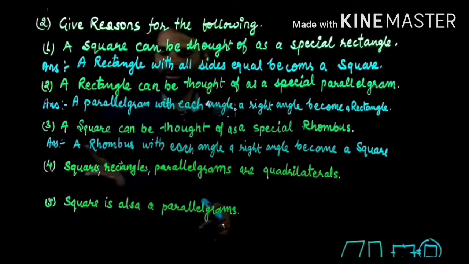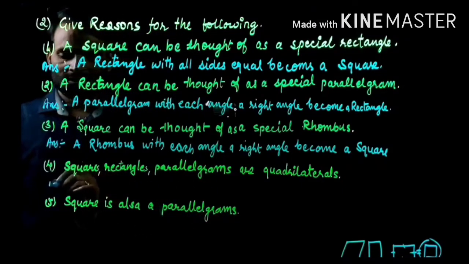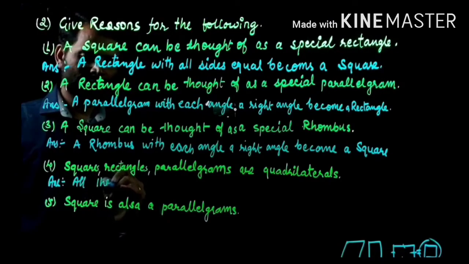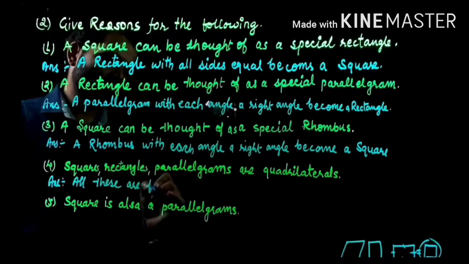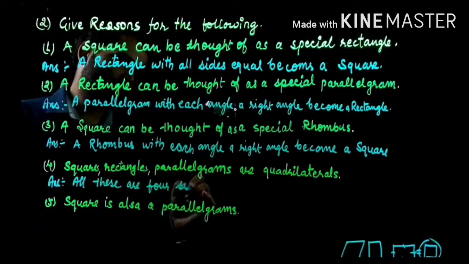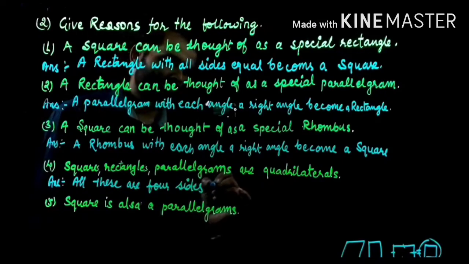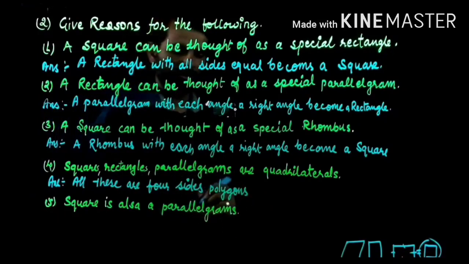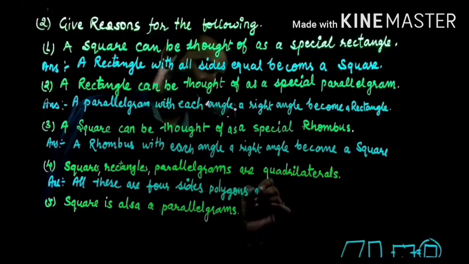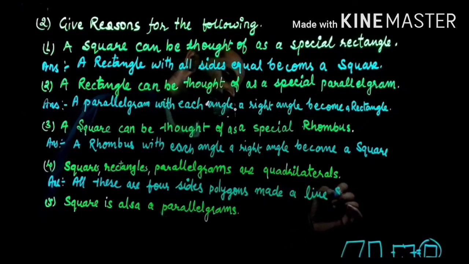Okay, now fourth, squares, rectangles, parallelograms are quadrilaterals. Yes, the answer is all of these are four-sided polygons made by line segments.